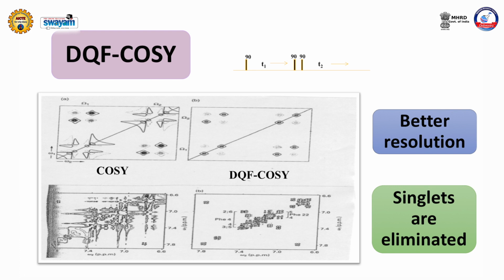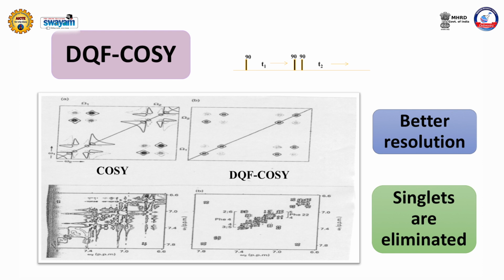You have a 90-degree pulse in the beginning, followed by T1, and then the second 90-degree pulse. Up till here it is the same as the COSY, but then you put a small gap, and then you put the third 90-degree pulse, and after that you collect the data as a function of time T2, and then you do a two-dimensional Fourier transformation, which will give you a two-dimensional spectrum.